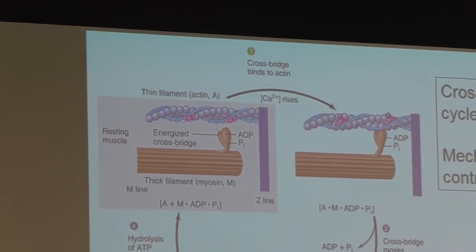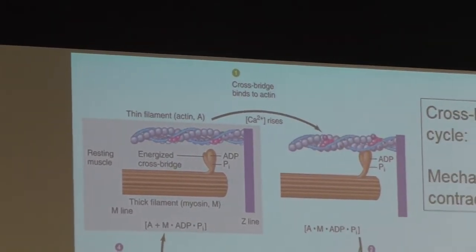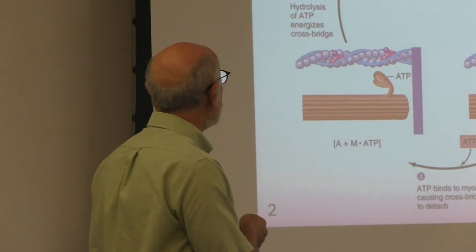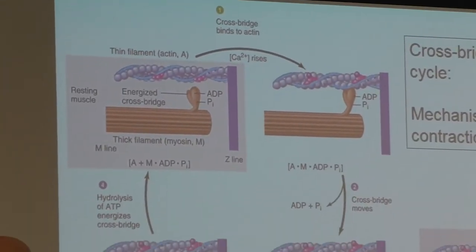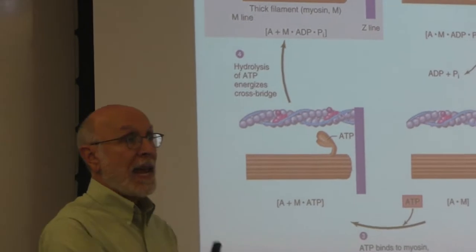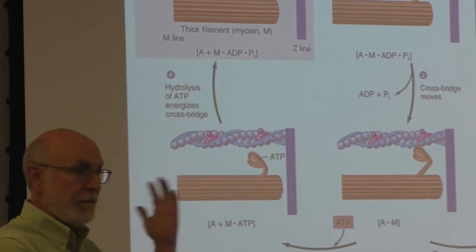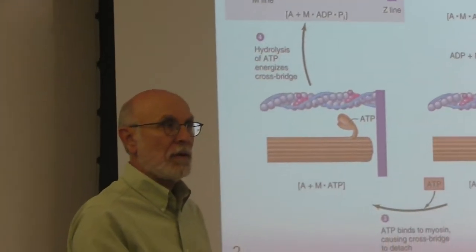So myosin can't bind to actin, and so it doesn't. The myosin heads and the actin filaments are separated, and the muscle is relaxed and can be stretched because the fibers are not connected to each other.